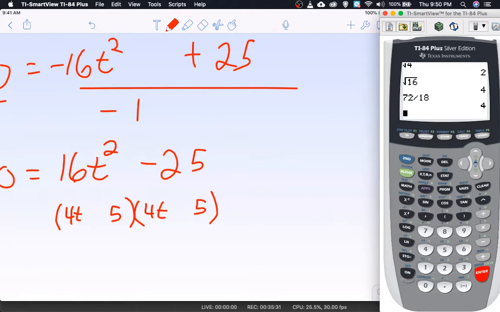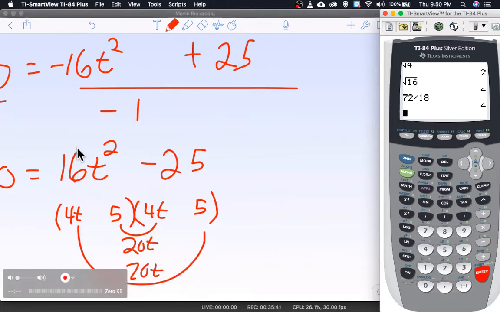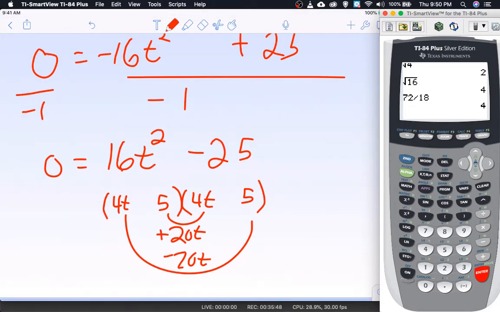Not guaranteed. That's just my first guess. My gut instinct tells me that's probably what it's going to be. This is a 20t. That's a 20t. And we want our middle term to be 0. So one would need to be a positive and the other would need to be a negative.